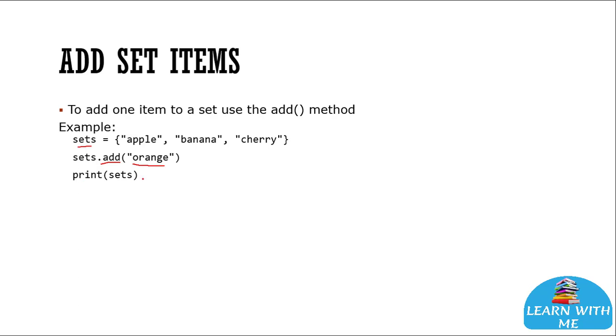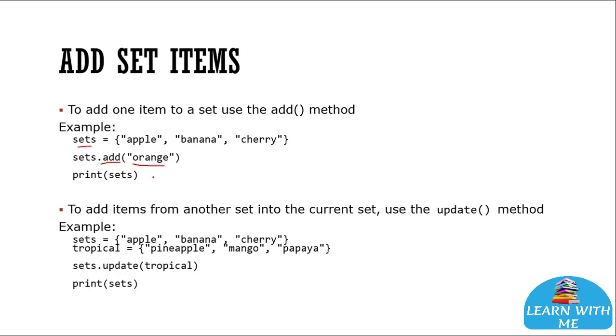While printing, you get apple, banana, cherry, orange, because the position of orange in the set is undefined. We can't say that it will be appended at the end or after cherry, or that it will go after apple or after banana.